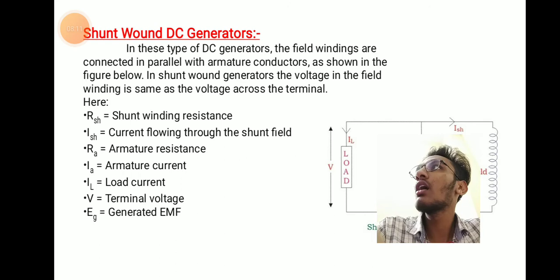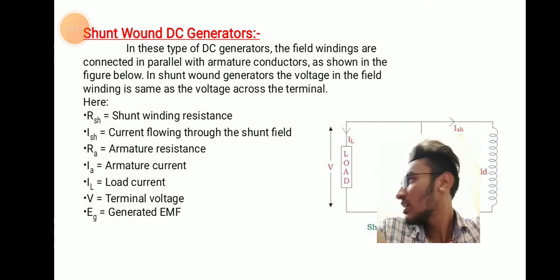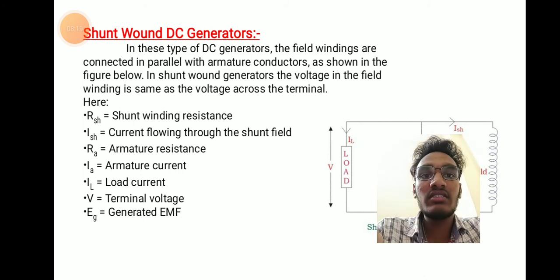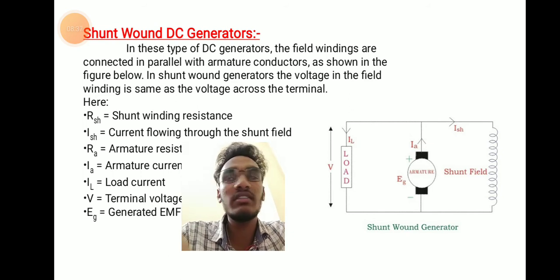Here RSH equal to shunt winding resistance, ISH equal to current flowing through the shunt field, RA equal to armature resistance, IA equal to armature current, IL equal to load current, V equal to terminal voltage, EG equal to generated EMF. Here we can see the diagram of shunt wound DC generators.